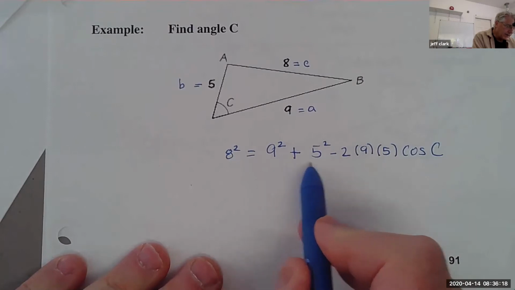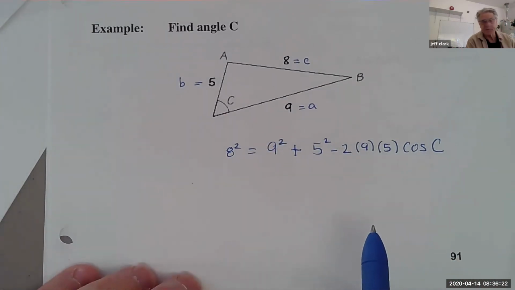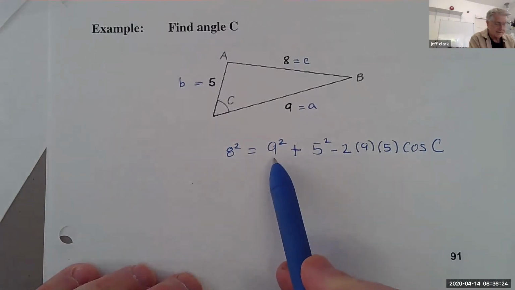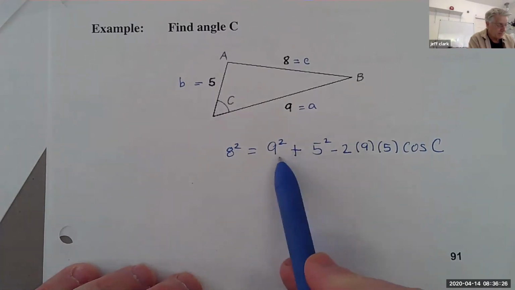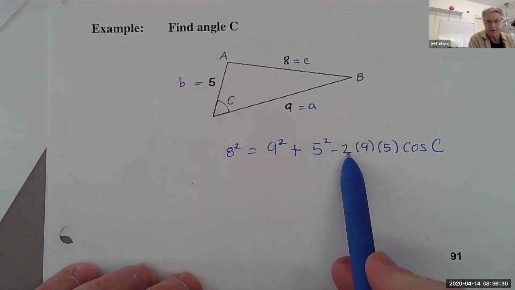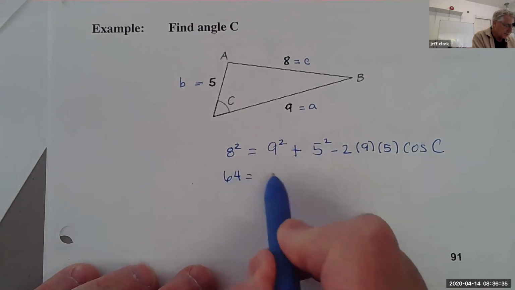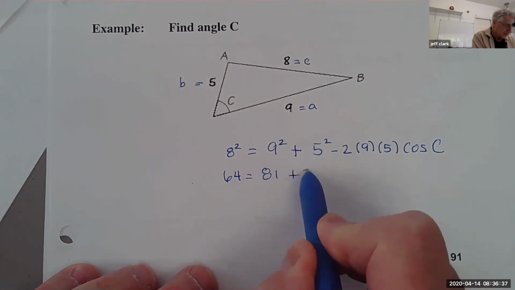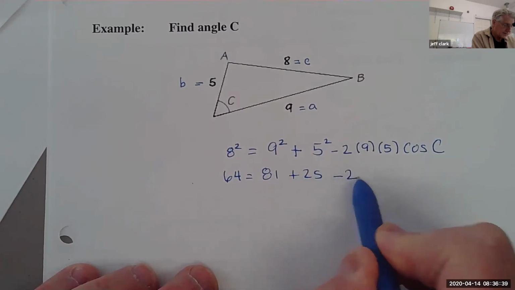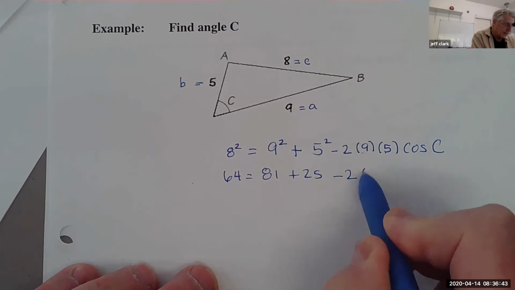We get rid of all these numbers right here, and be very careful, easy to make a careless mistake. You can push these together, but you can't go 25 and subtract 2. You can't do that. So what I'm going to do is make this 64 first, 25 minus 2... Okay, 9 times 5 is 45, so I'll make that 45.